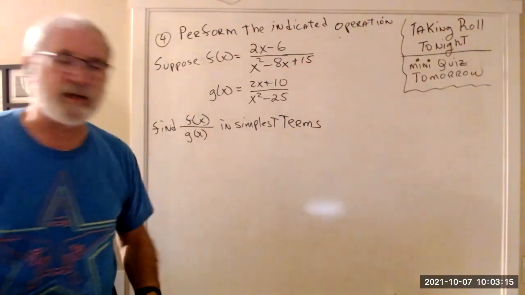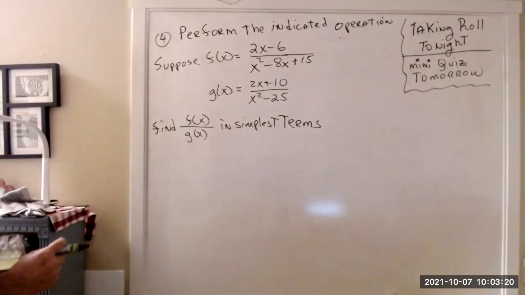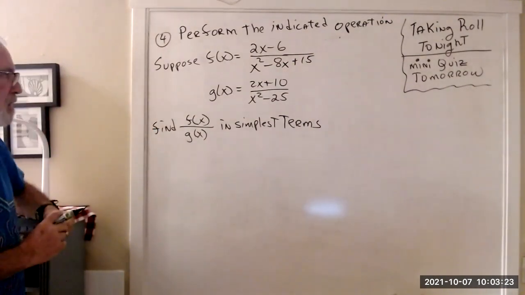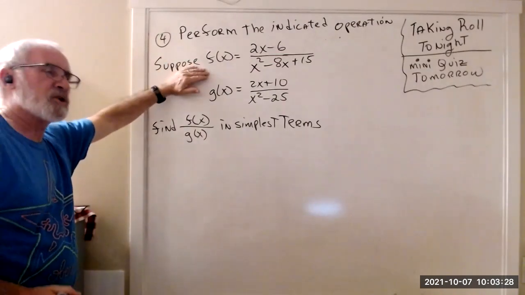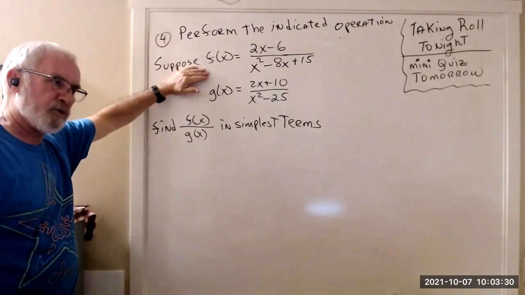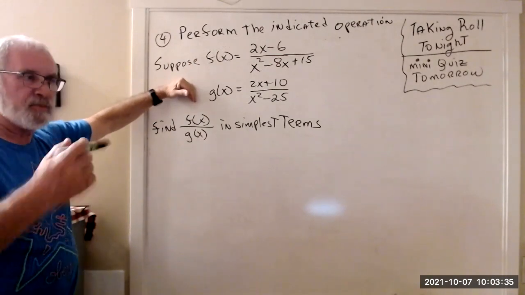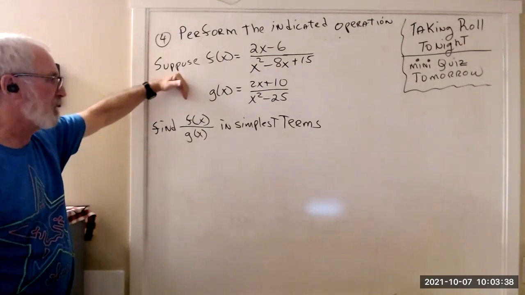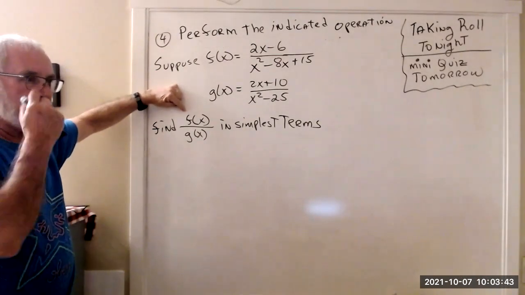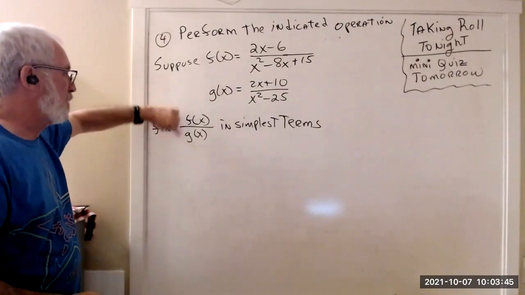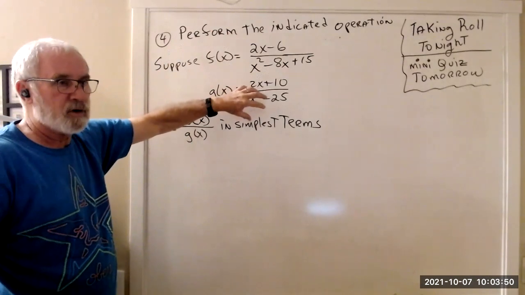Now I'm going to get you started on this in a minute because I don't want you to just sit there and stare at it and do nothing. Most students aren't comfortable with f of x and g of x. That's why I keep pushing it so you get more comfortable with it all the time. But then when I put it in fraction form, all of a sudden you panic and go, oh my God, what do I do? I put this on top of this? How?